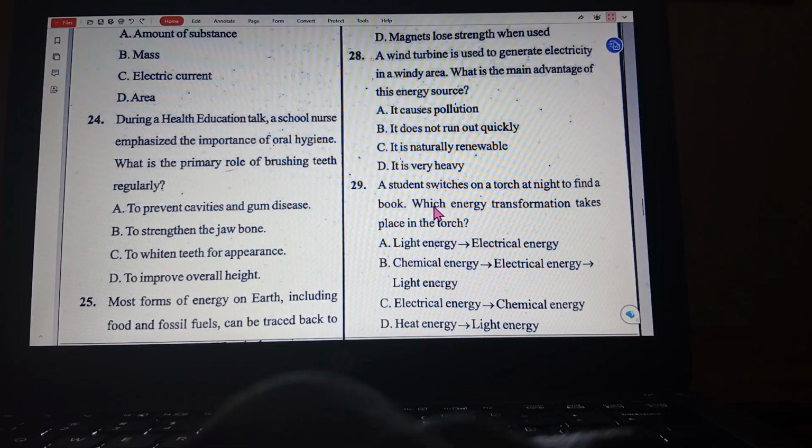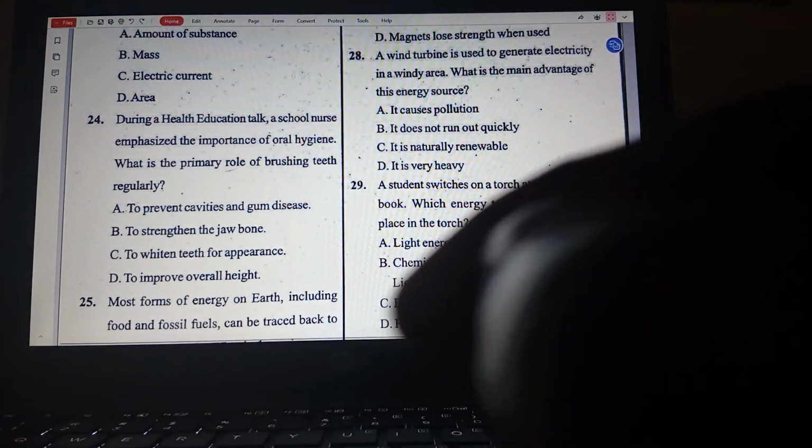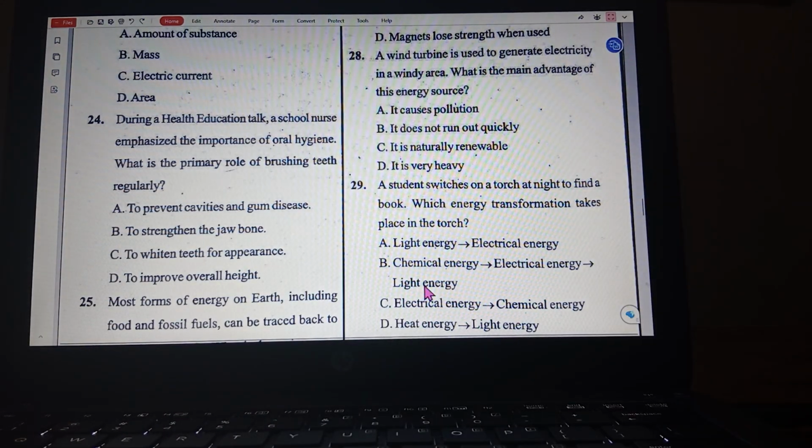Then this electrical energy is converted to light energy. So the energy transformation is chemical energy, electrical energy, then light energy. Now the answer is B.